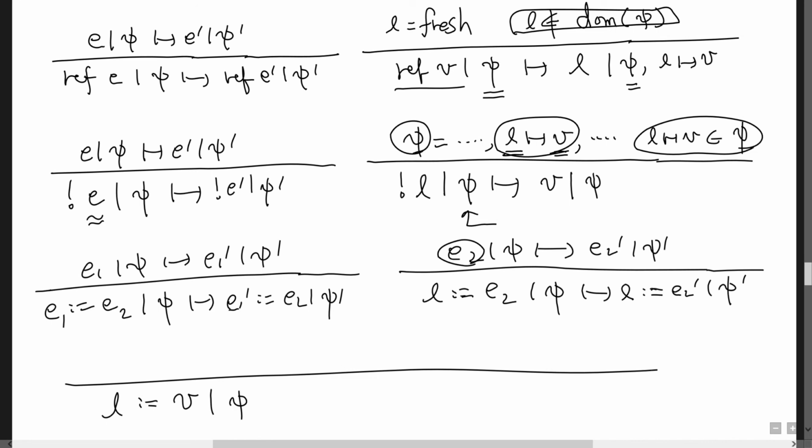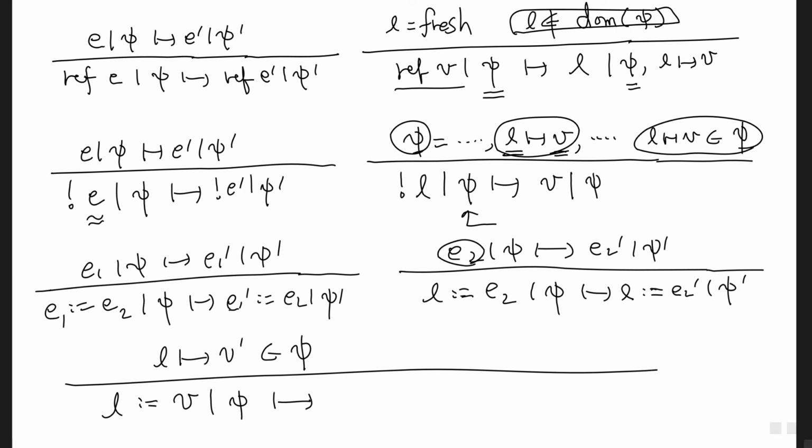So in this case, what we want to do is, first, we make sure that currently L is mapped to a value V prime inside this store psi. Otherwise, it's semantically wrong. You can't do anything about it. Basically, you get stuck.